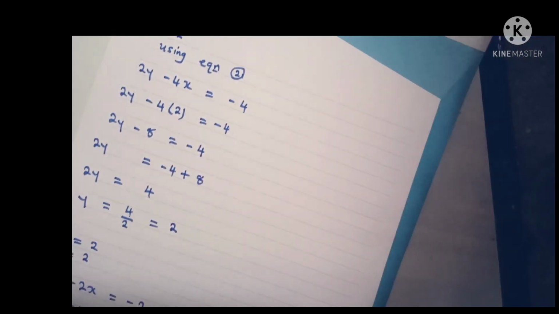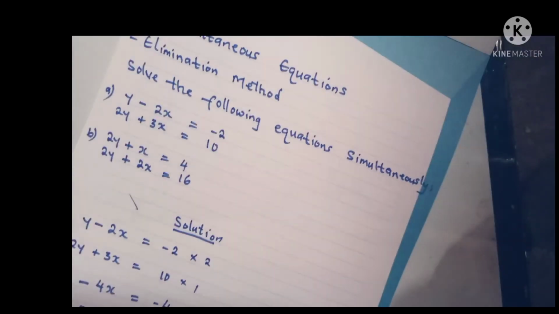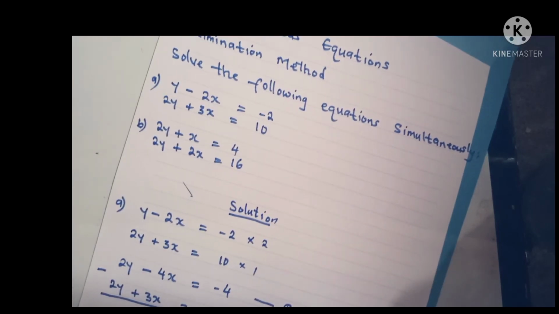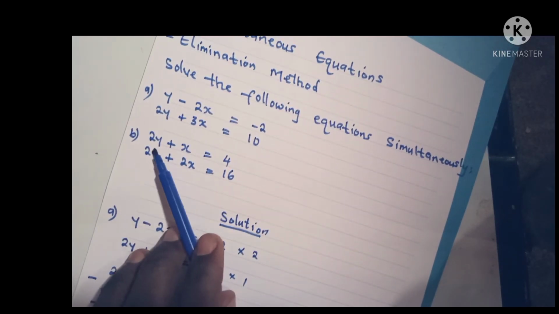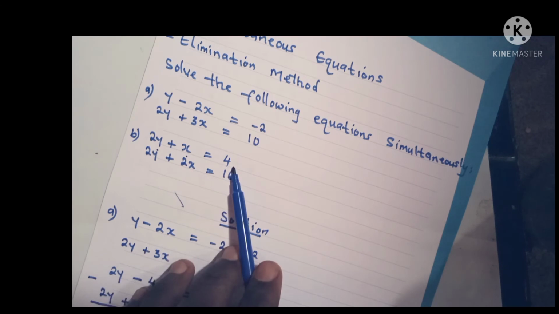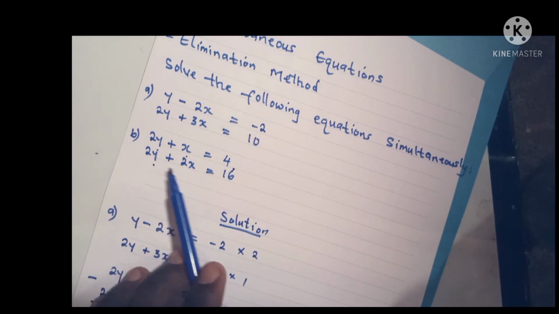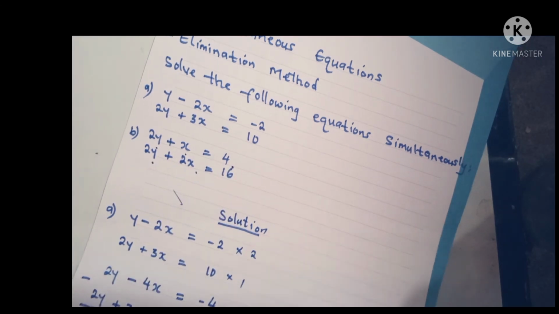Now the second set of equations are these: 2y plus x equals 4, and 2y plus 2x equals 16.